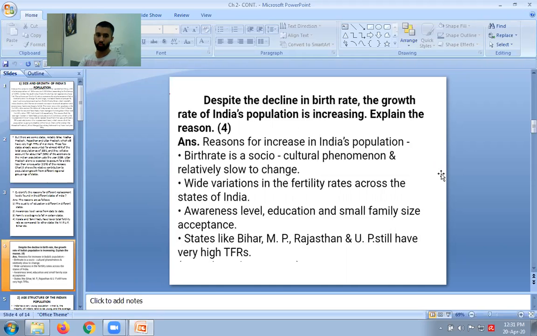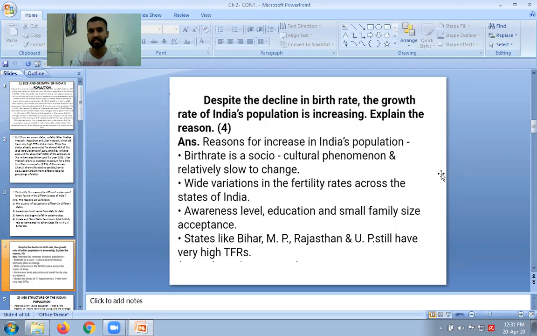I'm sure you know what I'm talking about. And the last reason, where you can mention states like Bihar, MP, Rajasthan, UP, which have a high fertility rate. These states are responsible for creating variation in our country, right?